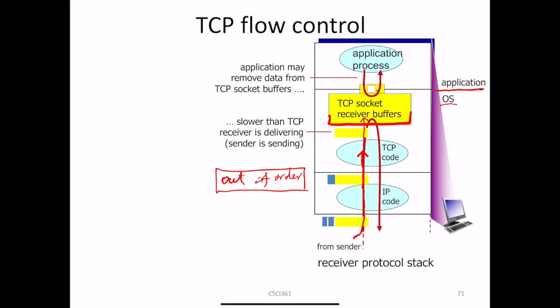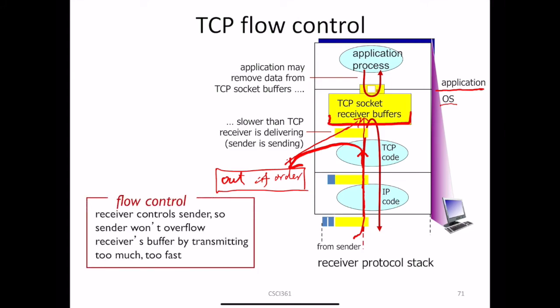Otherwise, if it is out of order, it will be temporarily stored in the out of order buffer. And when the in order segment arrives at the transport layer, it may change these out of order segments to in order. Therefore, they can be delivered to the TCP socket receiver buffer.